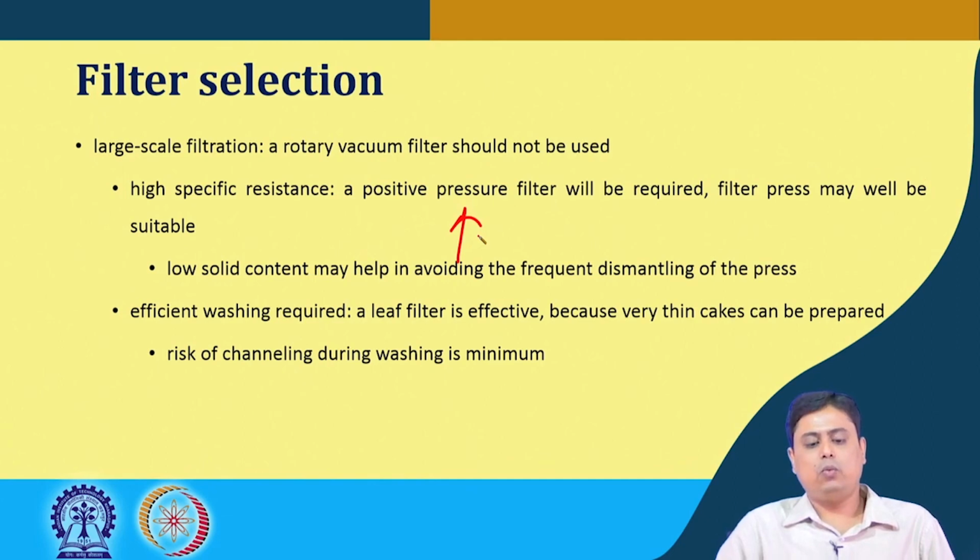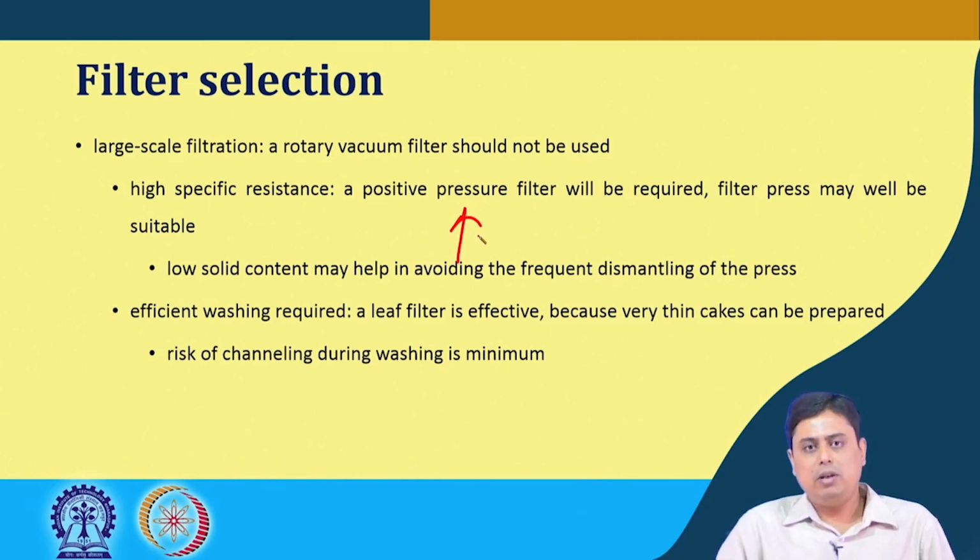The other scenario where the rotary vacuum filter should be avoided is when efficient washing is required. If you require frequent and efficient washing of the cake, then a leaf filter is effective because a very thin cake can be prepared in such a scenario, and the risk of channeling during washing is minimal in those equipments.